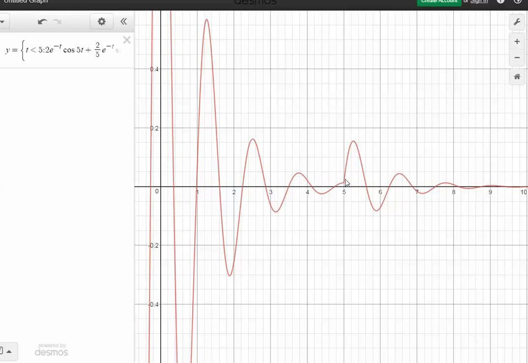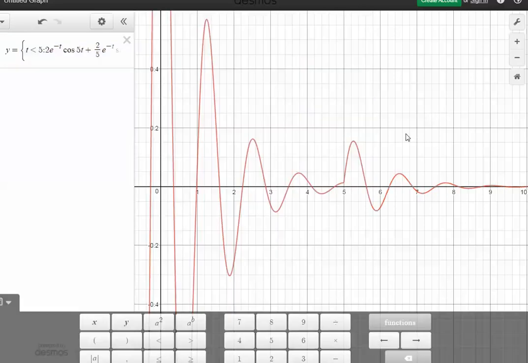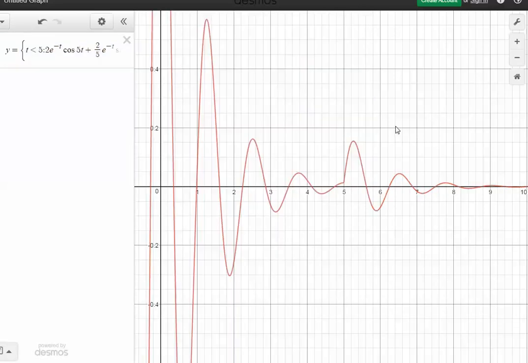And remember, after this one moment, there's not going to be any more force. This is a one-time instantaneous force, and we're seeing it right there. I typed that whole function in as a piecewise defined function into the graphing utility, and this is what we got. So pretty neat. We're seeing the effect of that little whack right there.